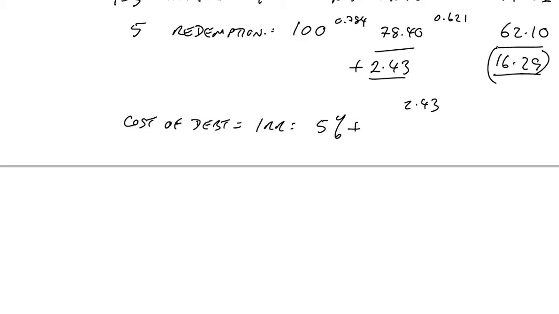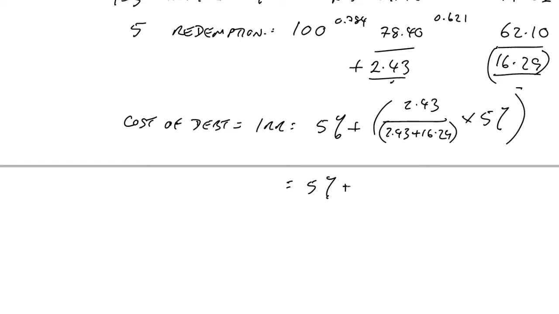It's 2.43 over the total difference, 2.43 plus 16.29, times the difference between my two guesses, 5% and 10%, the difference is 5%, which is 5% plus 2.43 divided by 18.72 times 5, which is 5.65%.